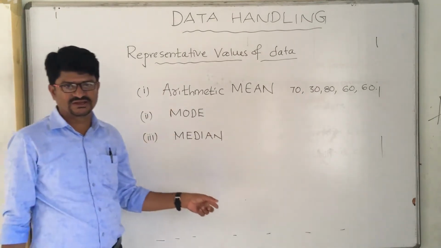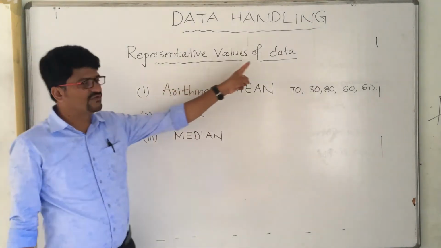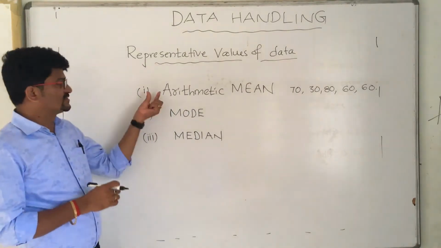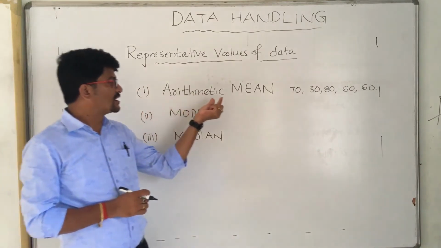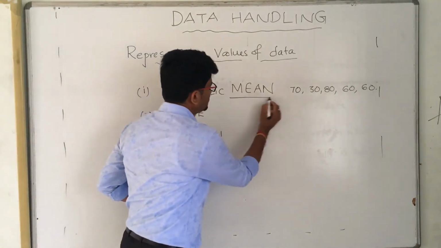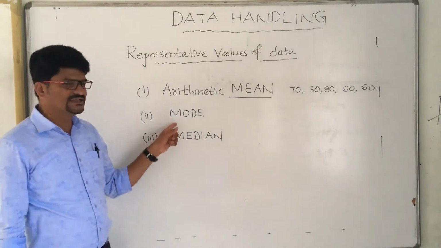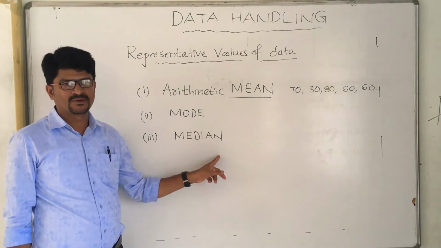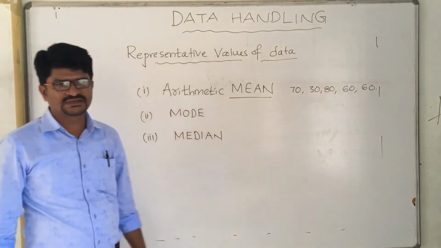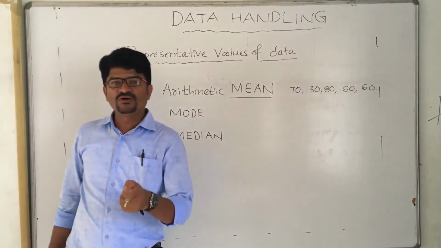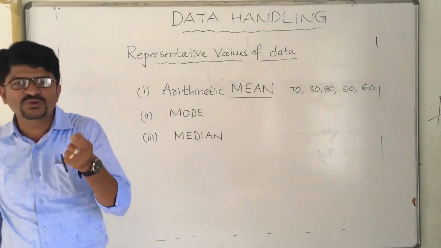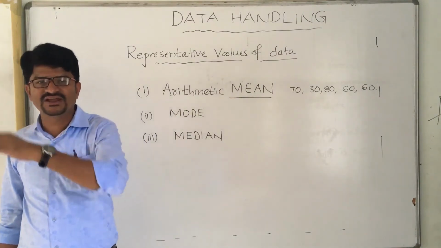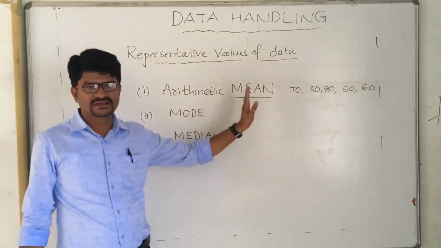These are the 3 representative values of data. The first value is arithmetic mean, next one is mode, next one is median. Among all these, the most central tendency value is arithmetic mean only. The most central tendency value is arithmetic mean.